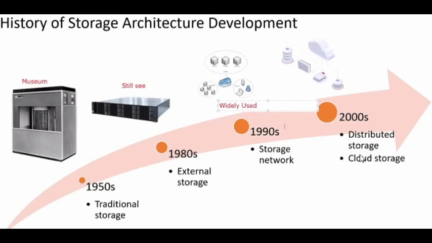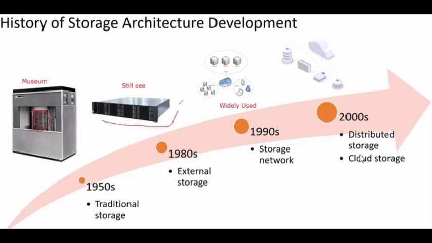And of course, you have our distributed or cloud storage. Do you know where the disks are here? This is the disk from last time. Each of these is like a disk. These are the old ones from around the 1950s. This is what we call the traditional storage. It's something that you generally do not see anymore.